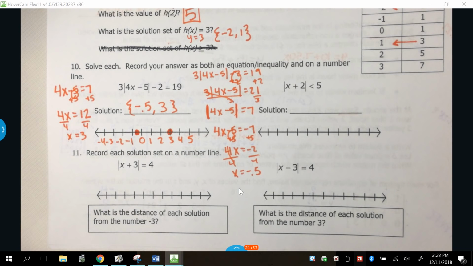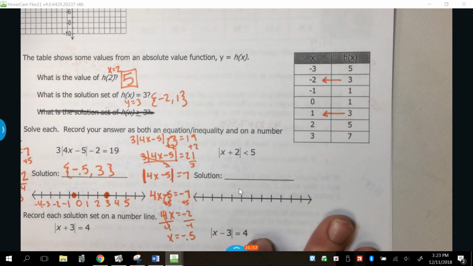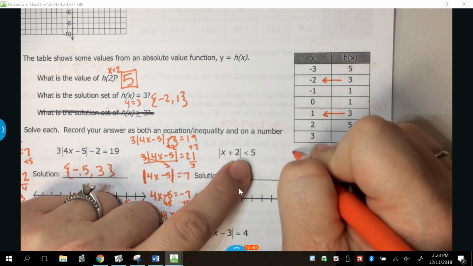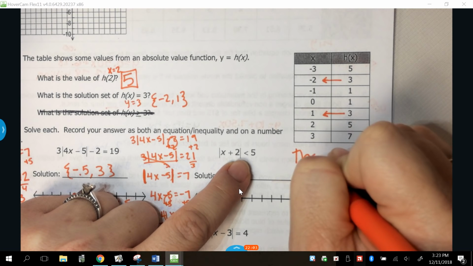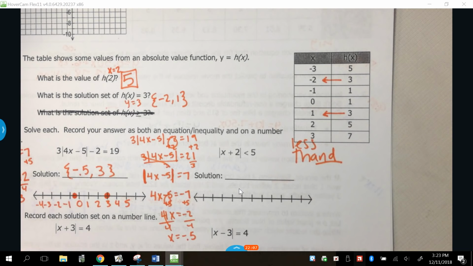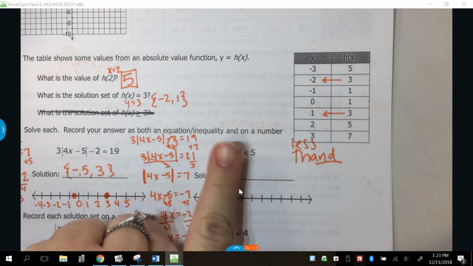When it's equals, it's just single dots. Now, here is where it's different. Remember less than and greater than. Greater than was when the graph went side to side.